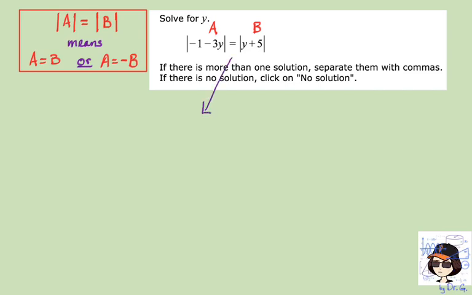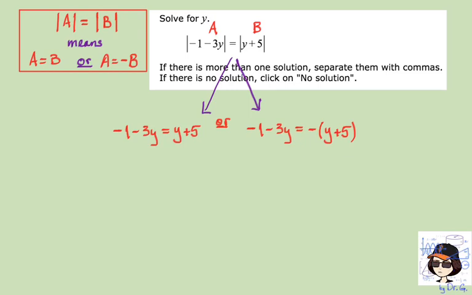So there's two possibilities. Either A is equal to B, which means negative 1 minus 3y is equal to y plus 5, or A is equal to the opposite of B. So negative 1 minus 3y is equal to the opposite of y plus 5.